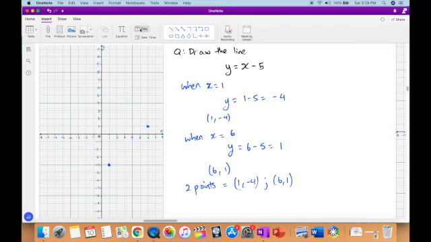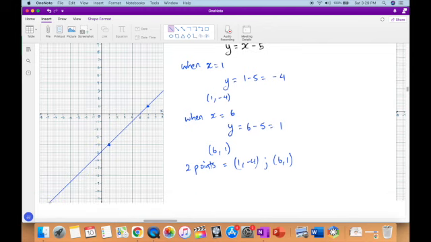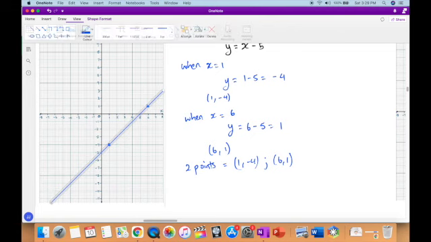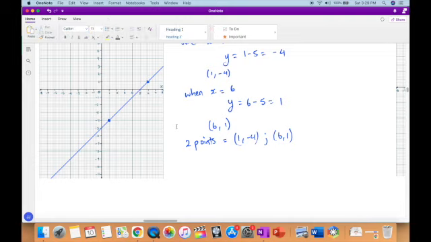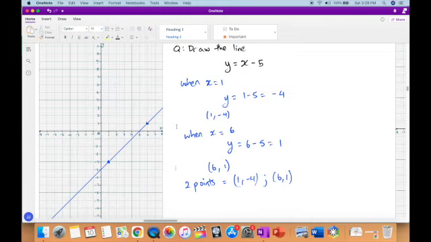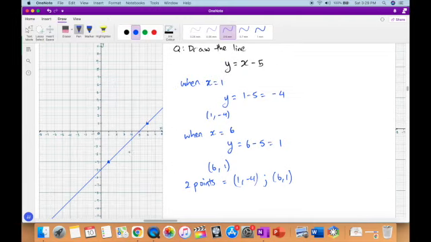Now let's see if I can draw a line. Remember, the line that you draw is supposed to go straight through your graph. And that is the line that you should have gotten. That is the line y is equal to x minus 5.